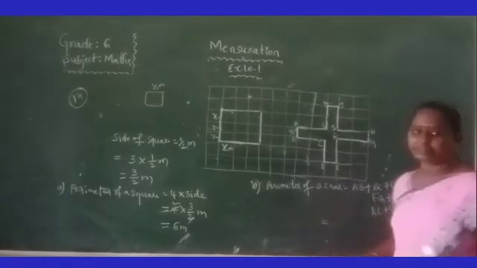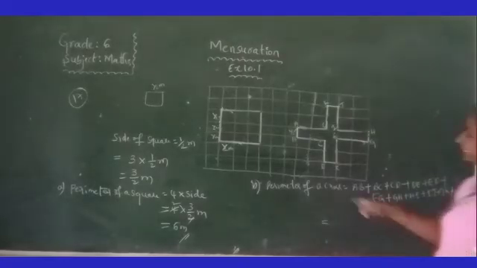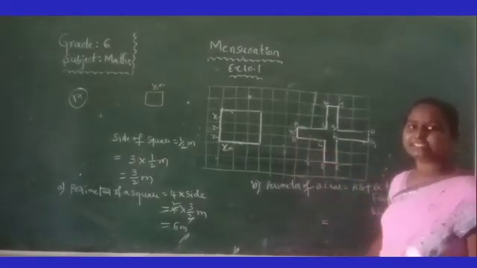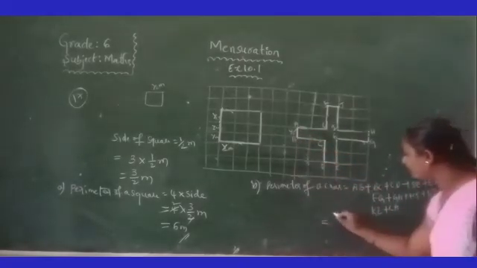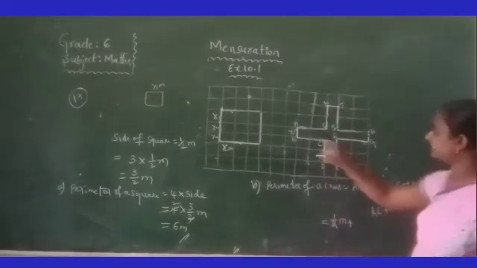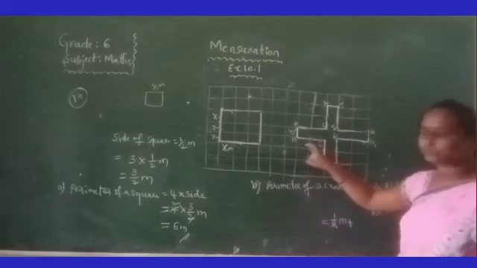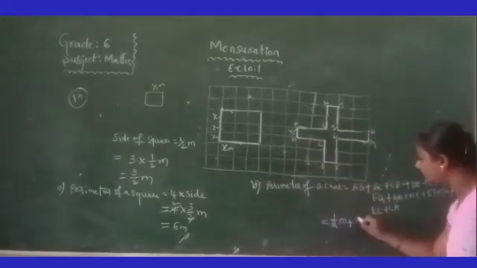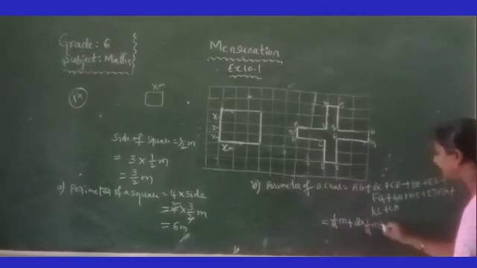Now we write everything down. What is the length of AB here? Each side is half a meter. One is half meter plus BC. Here how many sides? 2 sides, so 2 halves. That is 2 into 1 by 2 meter plus 2 into 1 by 2 meter.